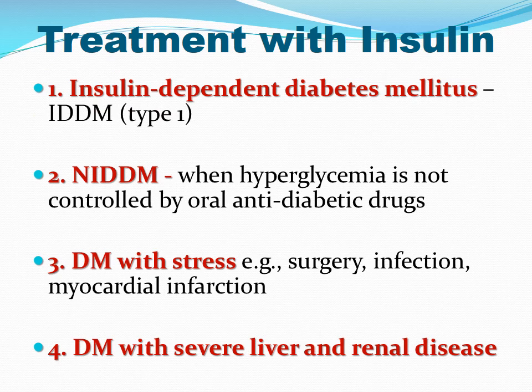Uses of insulin. Insulin is used mainly for insulin-dependent diabetes mellitus, or type 1 diabetes. It can also be used in non-insulin dependent diabetes mellitus when hyperglycemia is not controlled by oral anti-diabetic drugs. Usually it's used in type 2 diabetes in the late stages.